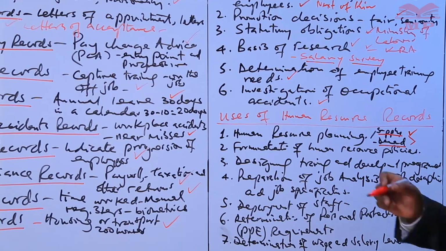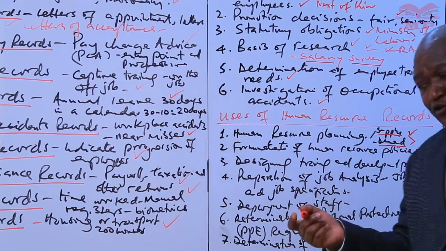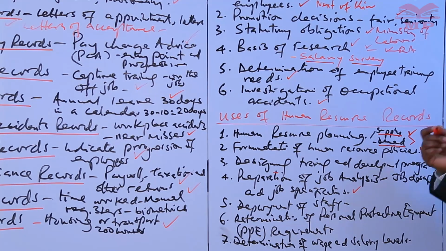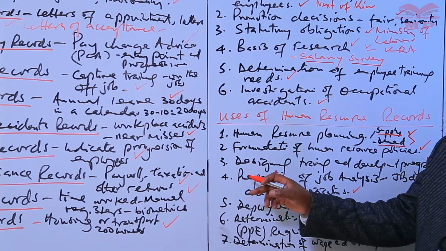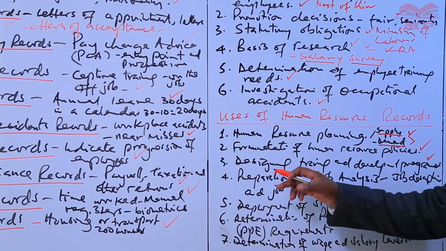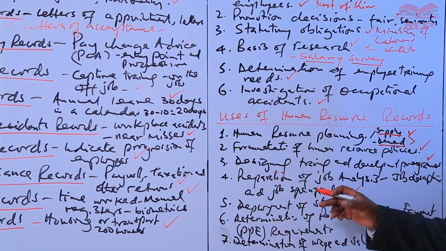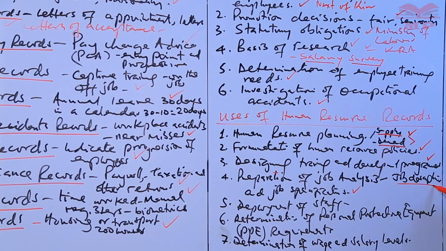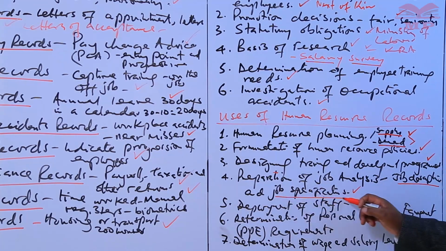Then number 2, human resource records can also be used for formulation of human resource policies. Number 3, they can be used for the designing of training and development programs. Number 4, they can be used in the area of preparation of job analysis, and job analysis will give you 2 things: job descriptions and job specifications.